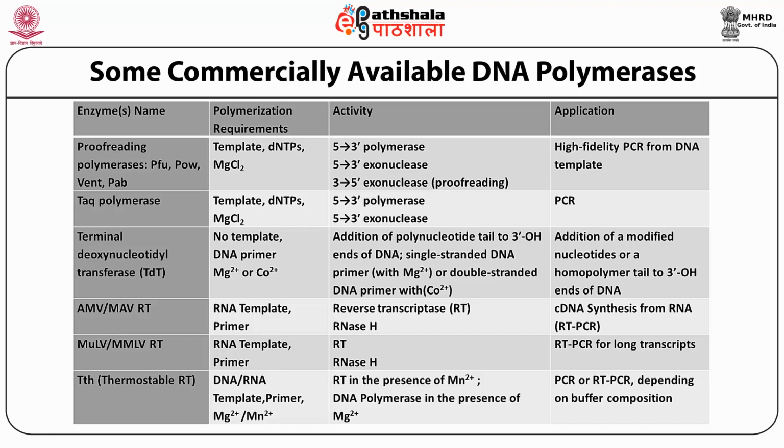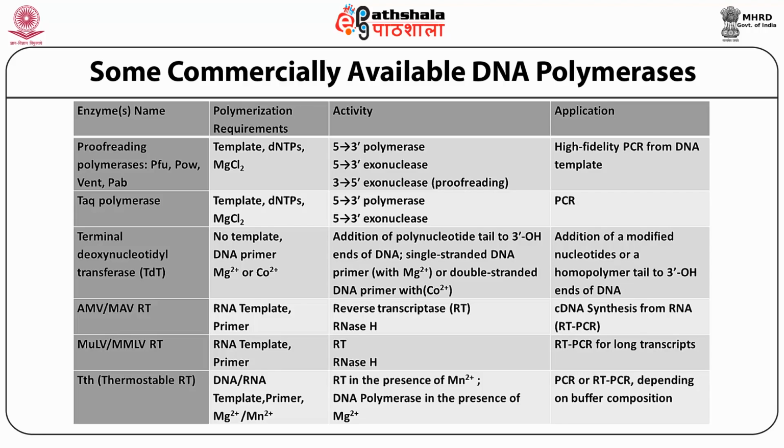Similarly, another reverse transcriptase, MULV or MMLV, can also do the same, reverse transcribing the RNA molecule to a DNA molecule. I would like to draw your attention to one more DNA polymerase enzyme that's called Tth. It's unique in the sense that it can use DNA as well as RNA as a template, while other enzymes use either DNA or RNA as a template.